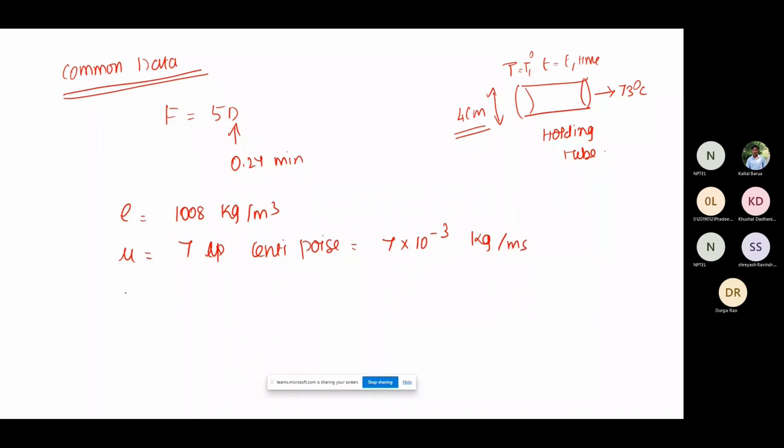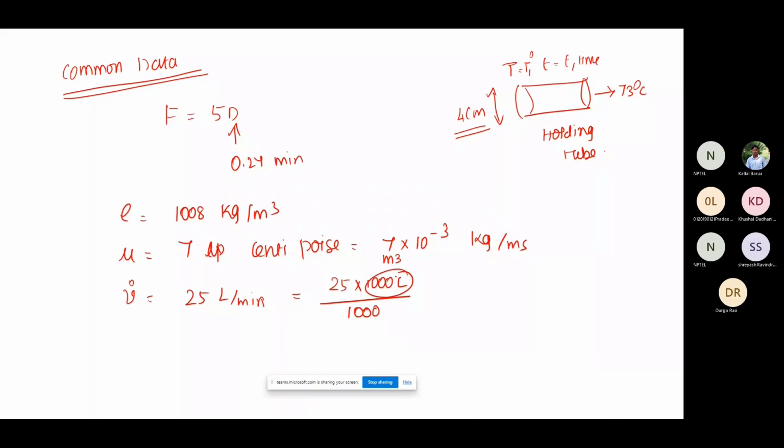And then you are given the flow rate, which is nothing but the volumetric flow rate. It is given as 25 liter per minute. So if you see, your tube dimensions are in meters, so here also you convert them into meter cube per minute. So 1000 liter is 1 meter cube. So when you convert, multiply and divide by 1000, so this gets converted into meter cube.